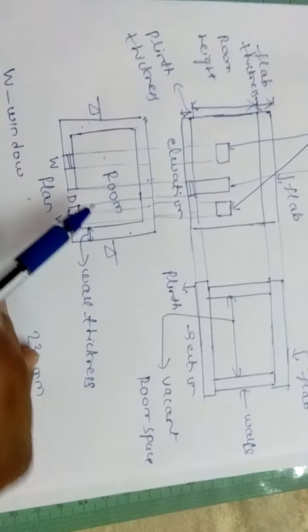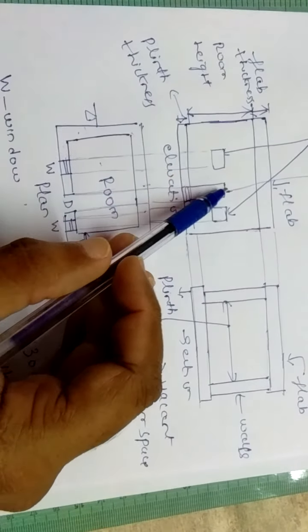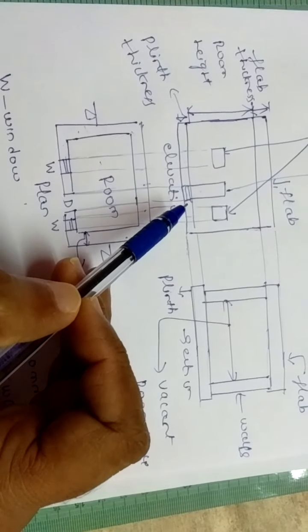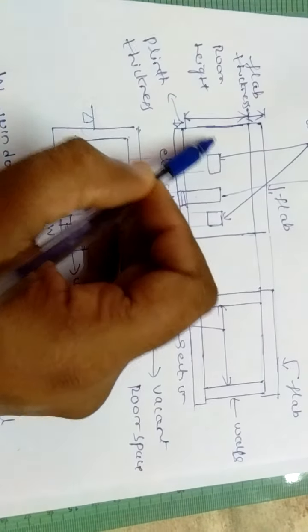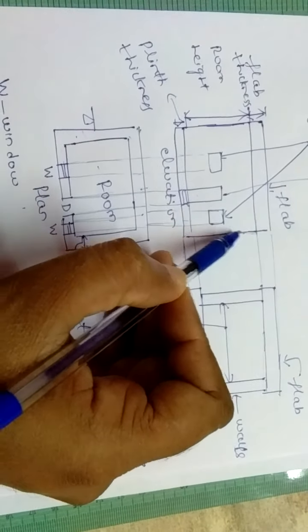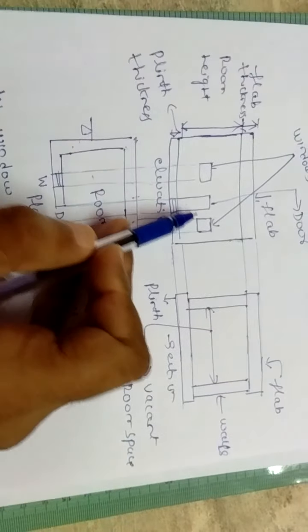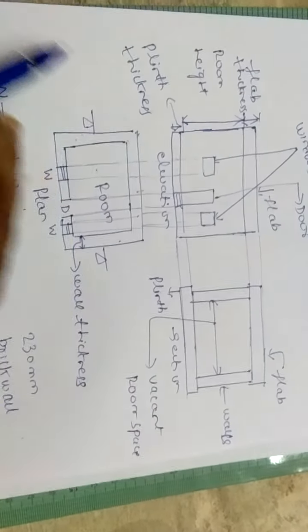Then now, how do we locate the position of the window and the door exactly? I could have taken the window here also, I could have taken the door somewhere here also, I could have taken the window somewhere here also. How am I to place the window and door exactly in their location? That is very important.